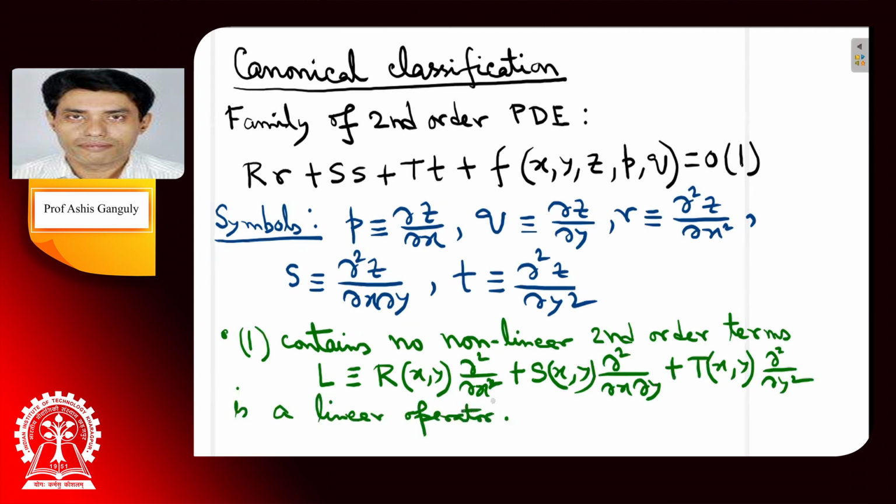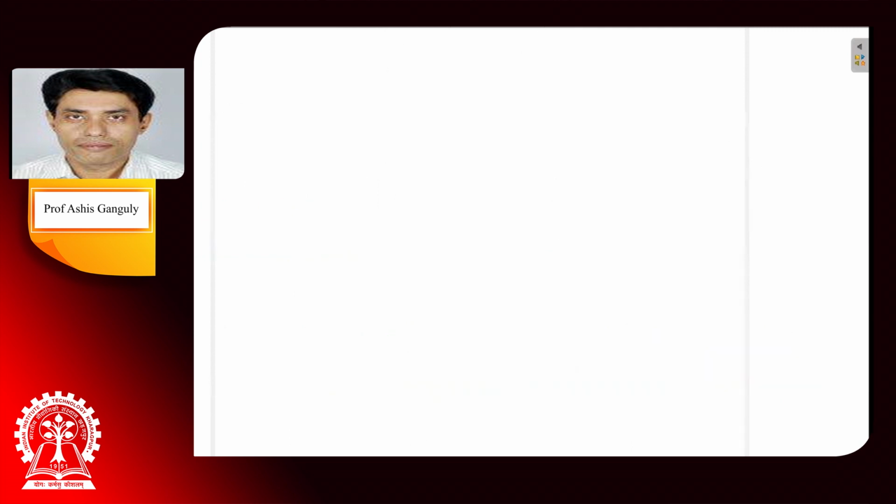And here I put x, y in the argument of capital R, S, T to remind you that R, S, T are in general functions of the two independent variables x and y. Okay, let me now go to the next page and start our actual discussion.